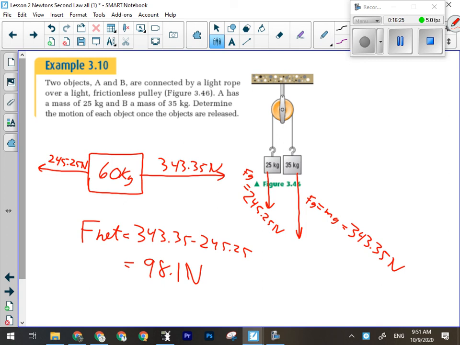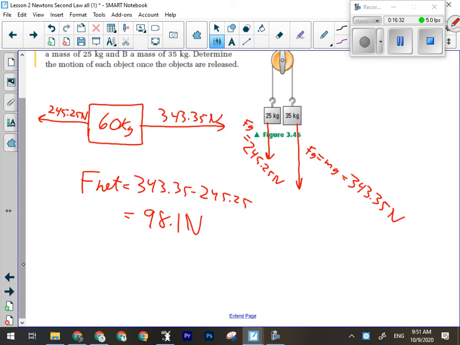Okay, now that I know this number, can I find the acceleration? Yes. Okay, and this is where people would mess up. If I worded that question, find the acceleration of the 25 kilogram mass, what would people do here?